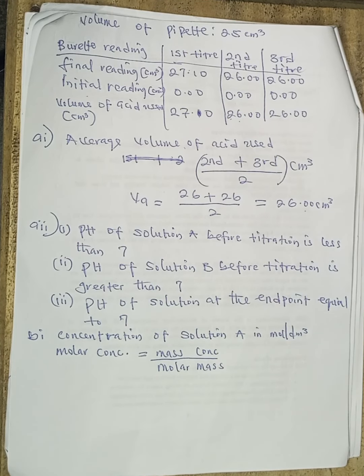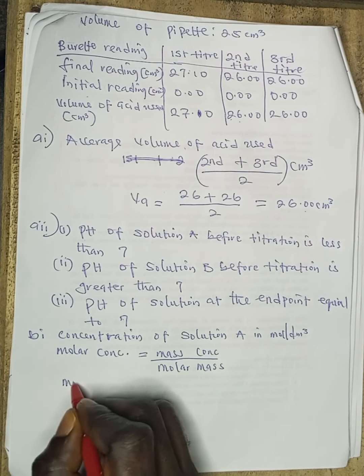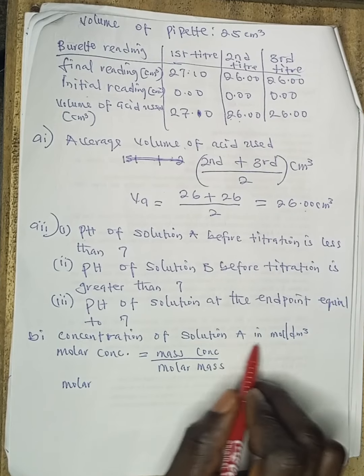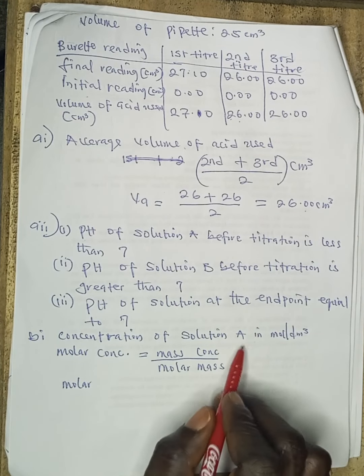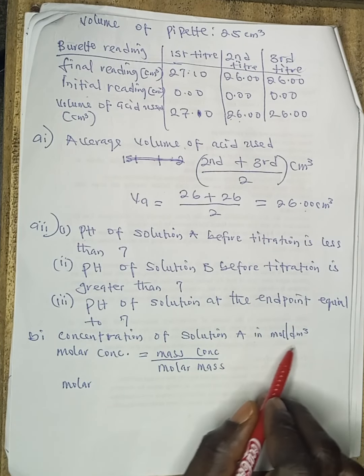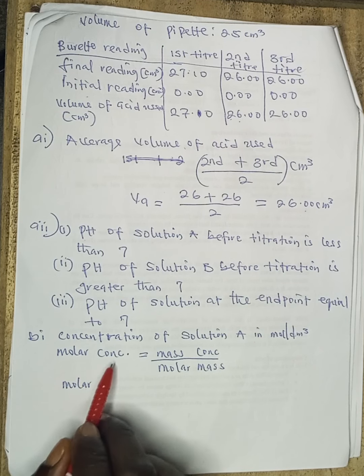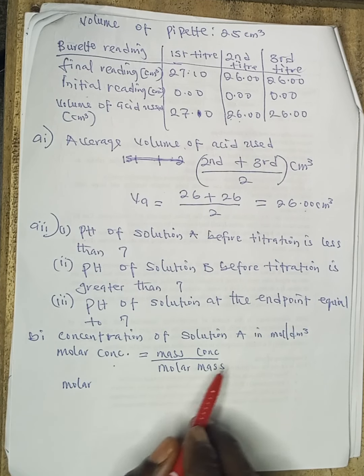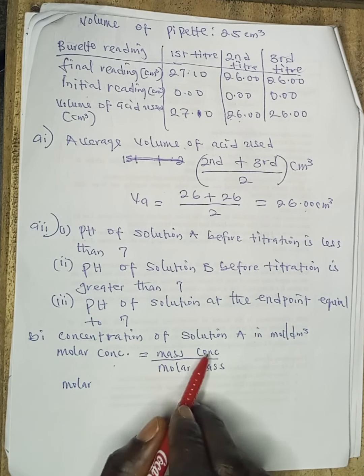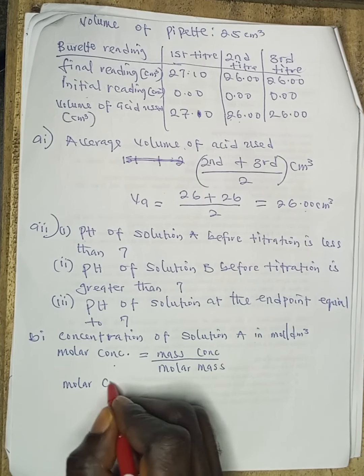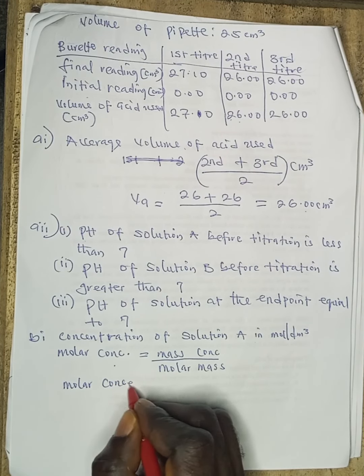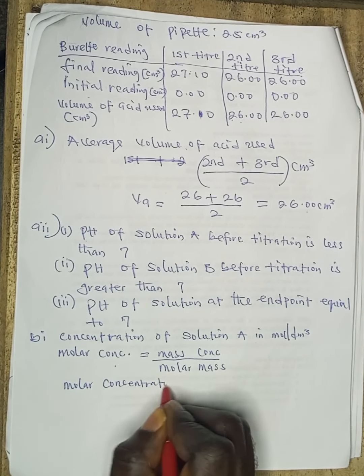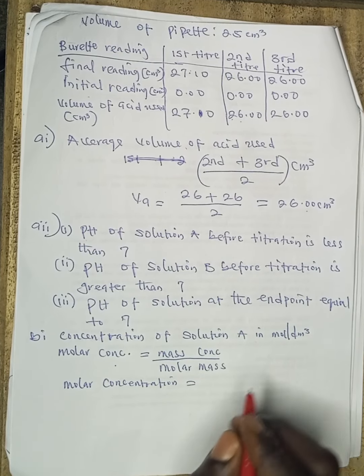Concentration in moles per dm³ is called molar concentration, while concentration in grams per dm³ is called mass concentration.